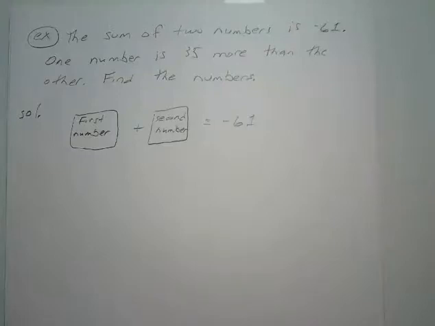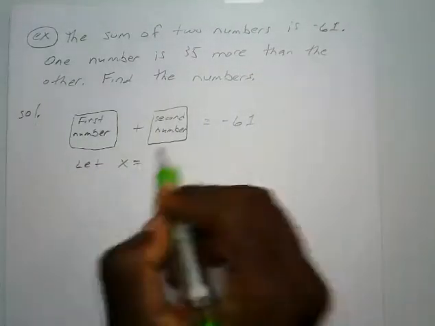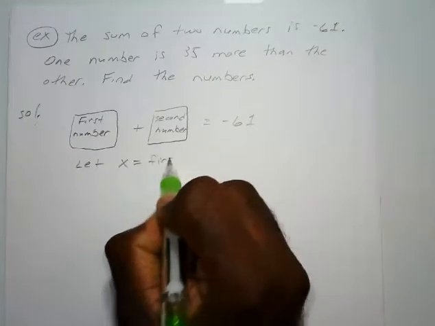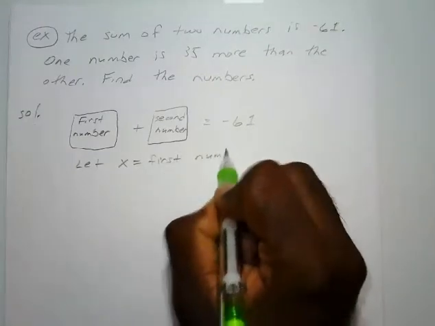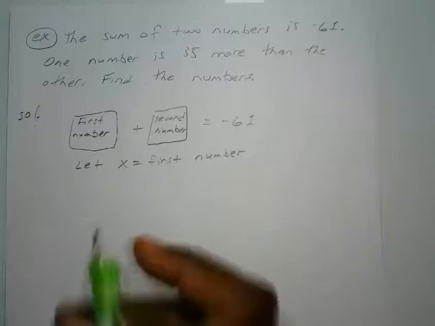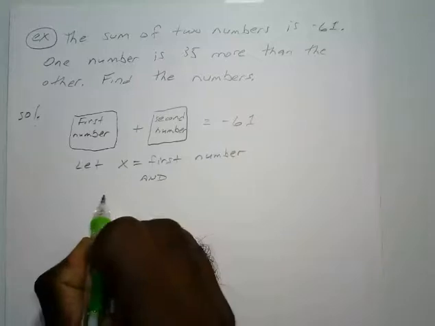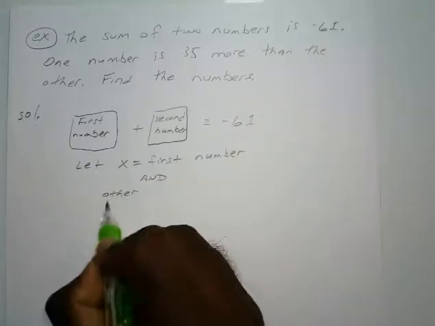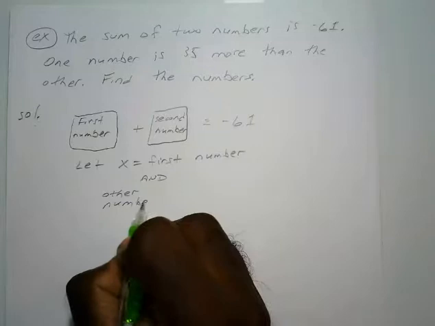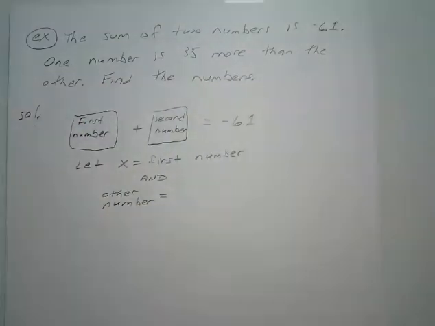Now we know that one number is 35 more than the other. So if we let x equal our first number, it's our first unknown number. Now what if we let our other number equal, remember, one number is 35 more than the other.